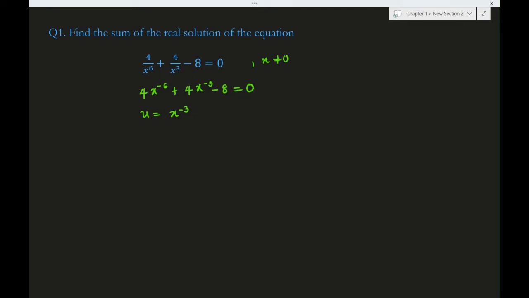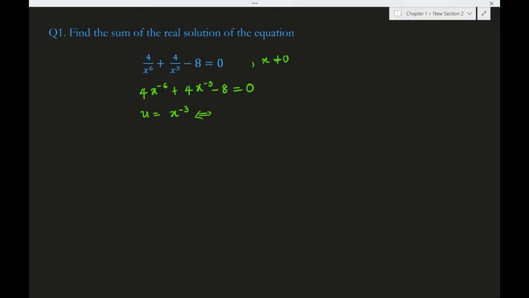Now, when you have negative powers, it's better you let your u be x to the power of the biggest power here, which is minus 3. This is different when you have positive powers.